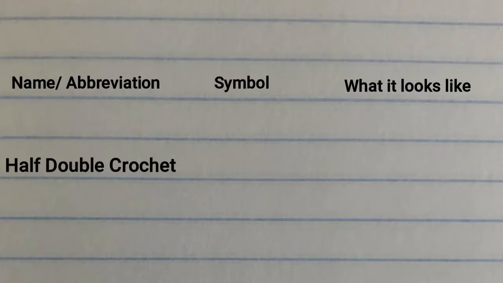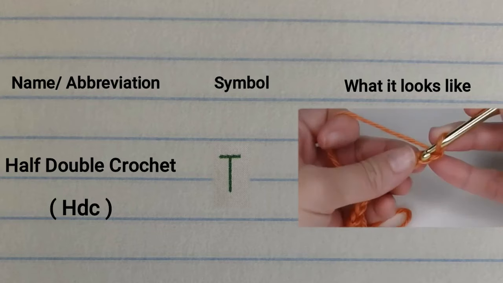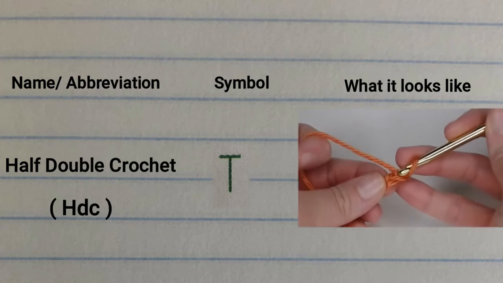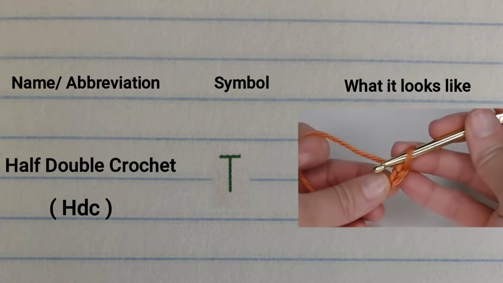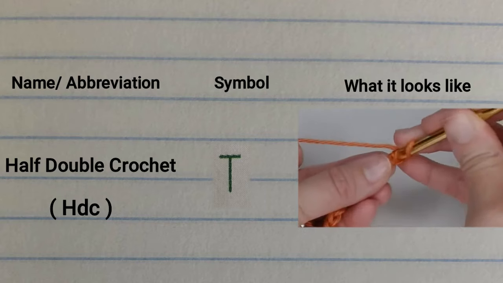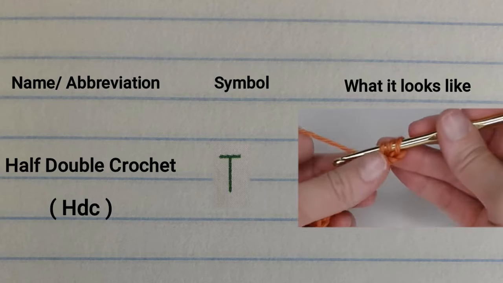Next we have the half double crochet. Here is the abbreviation for a half double crochet. Here is the symbol for a half double crochet. And here is what a half double crochet actually looks like. Going into the second chain from your crochet hook, so 1, 2, yarn over, insert your crochet hook, yarn over, pull through.